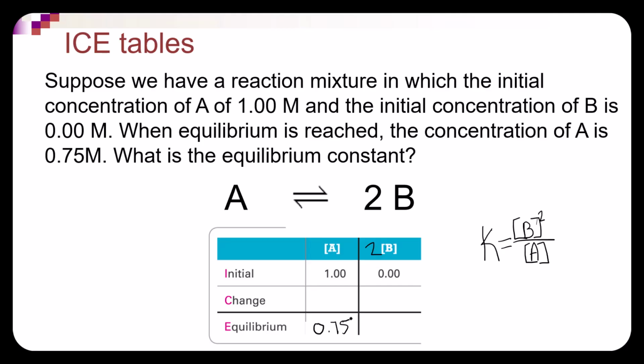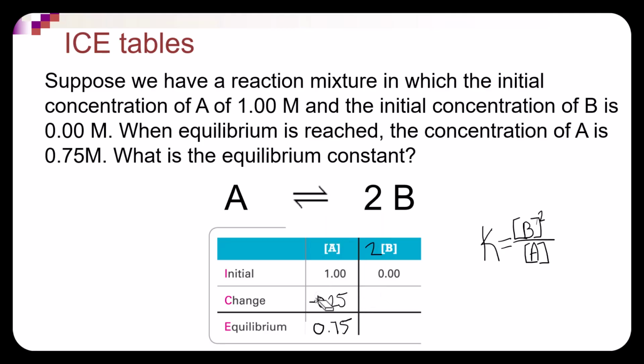Okay? So if I know the initial and I know what the concentration was at equilibrium, I can determine the change for A. I can determine how much it changed. So to get from 1 molar to 0.75 molar, that was a change or a decrease of, so minus 0.25 molar.